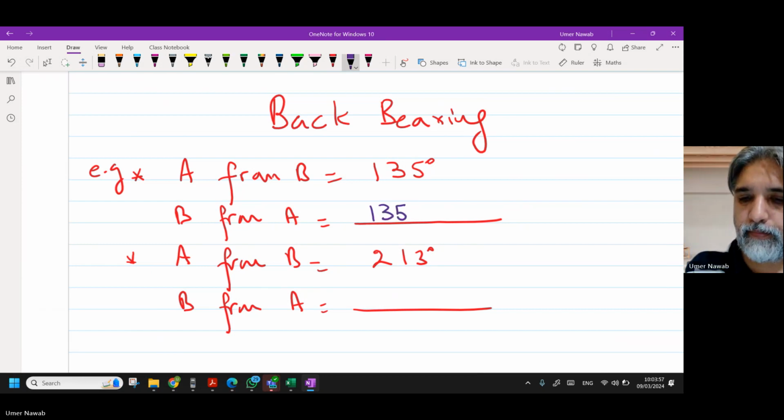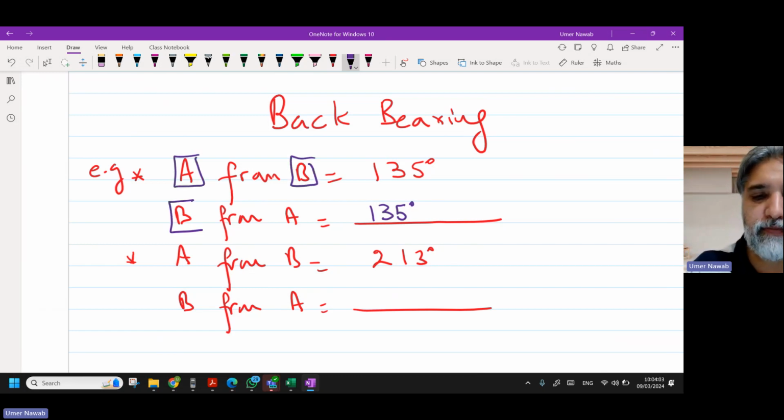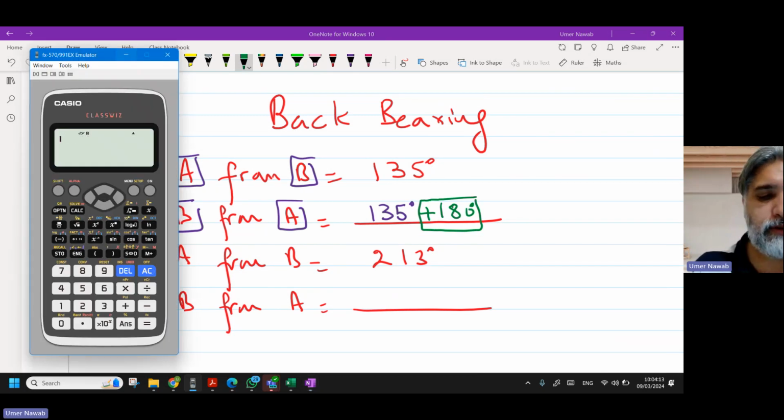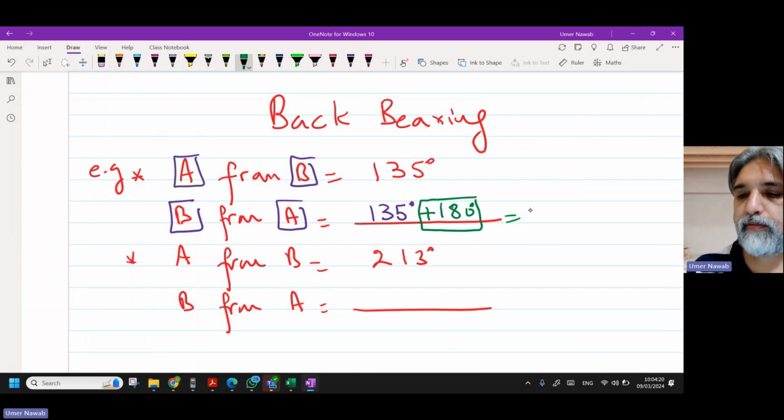Whatever the angle given to you in the back bearing, because it is A from B and I want to find B from A, the opposite, just add 180. This is the step. You get your answer: 135 plus 180, and I got my answer, 315.